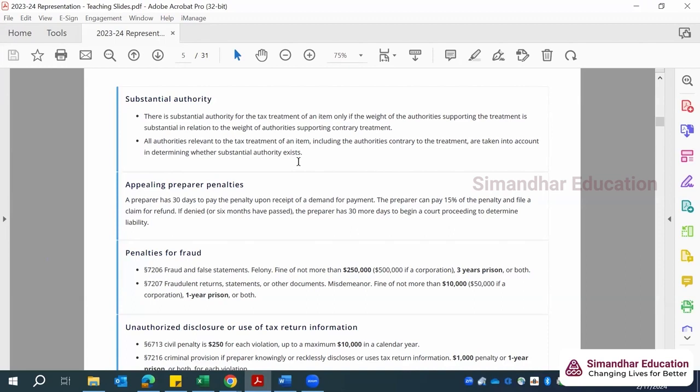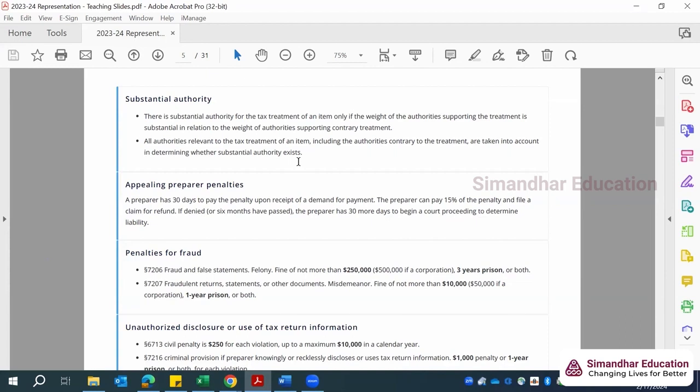We also covered some of the scenarios where a person will not be considered a preparer. Because we are talking about tax returns, we have to make sure that the person preparing the tax return has a valid PTIN. He's signing the tax return. He's giving a copy of the tax return to the taxpayer when the copy is sent for signature. He's making sure that he is aware of the record keeping requirement. And because he's preparing the tax return, he should also abide by the standards that are laid down by the government.